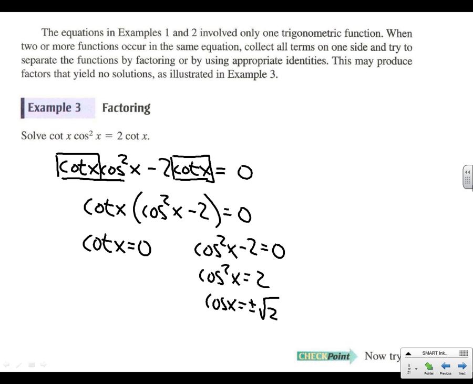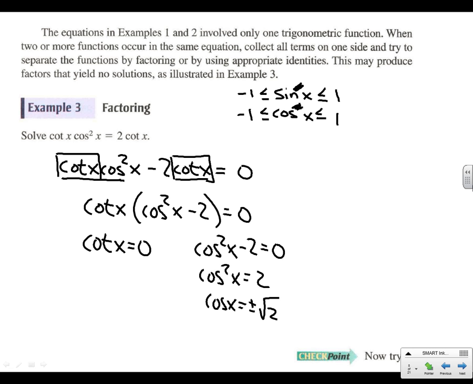All right, now let's look at the cosine first. That's the easy one. Remember that sine and cosine, both need to be in between -1 and 1, right?